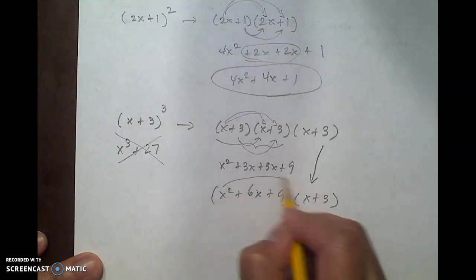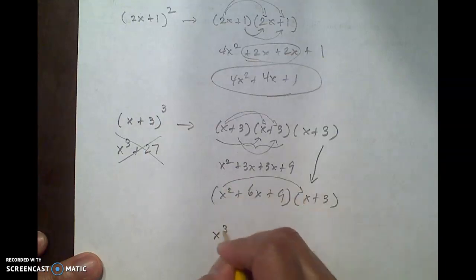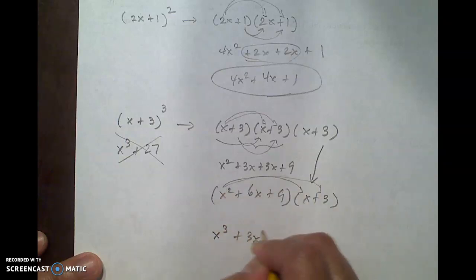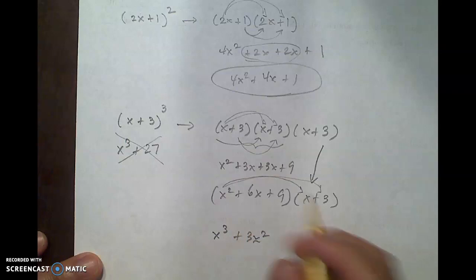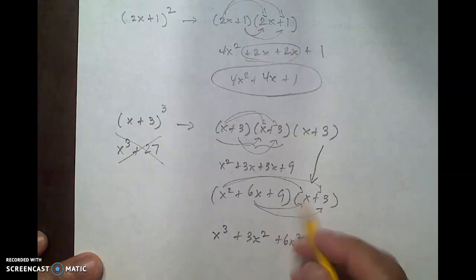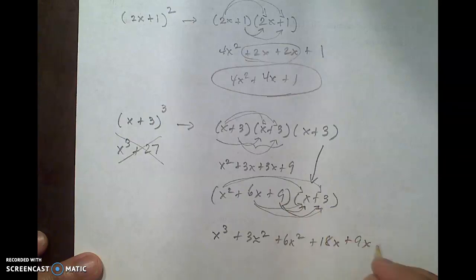So x squared times x is x cubed. x squared times 3, 3x squared. 6x times x, 6x squared. 6x times 3, 18x. Let's not forget the 9. 9 times x, 9x. 9 times 3 is 27.